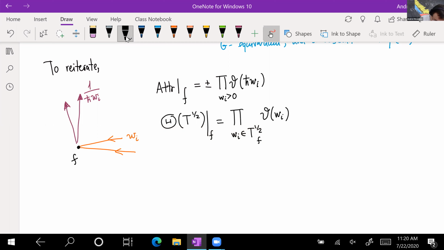And so the difference between them is easy to see.